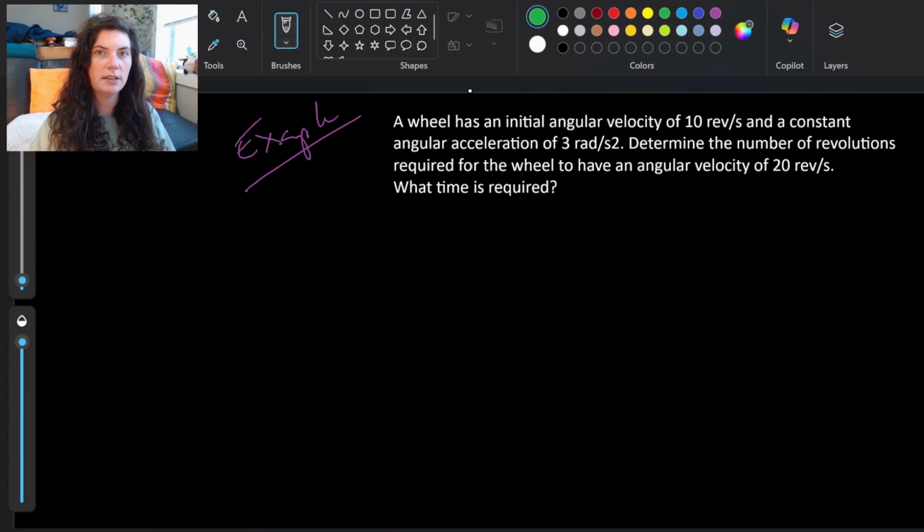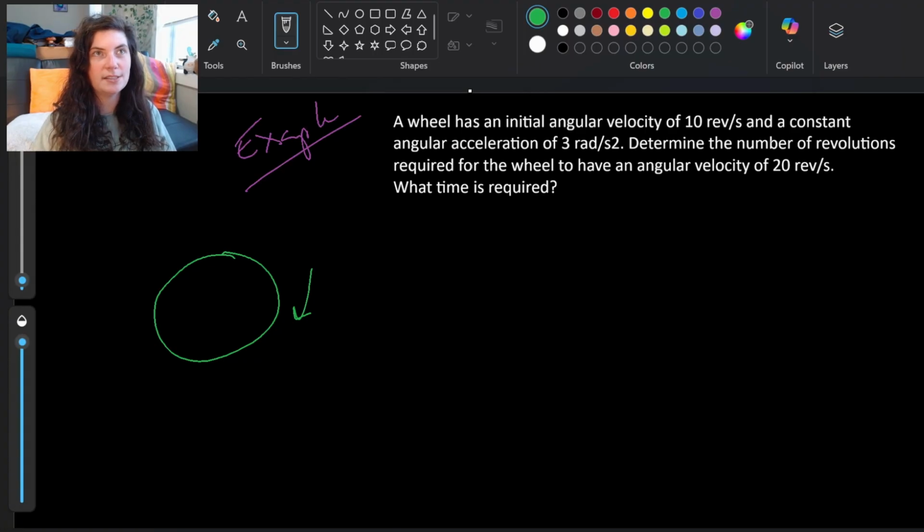Alright, so let's take a look at this problem and how we can approach a problem like this. We have no diagram, not that we necessarily need one, but if you want one, we can draw a wheel that is spinning. That's really about all that they had given us in this problem.